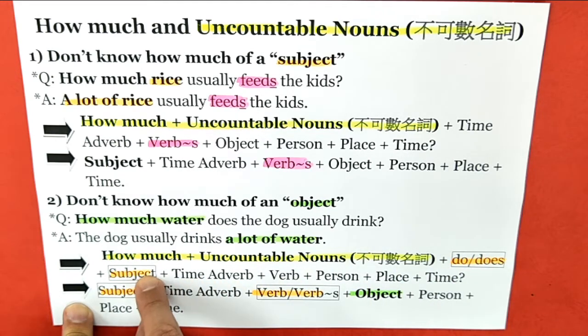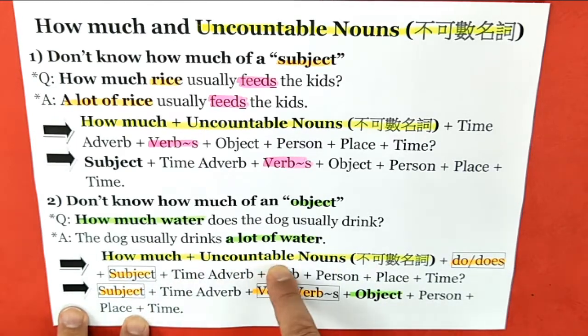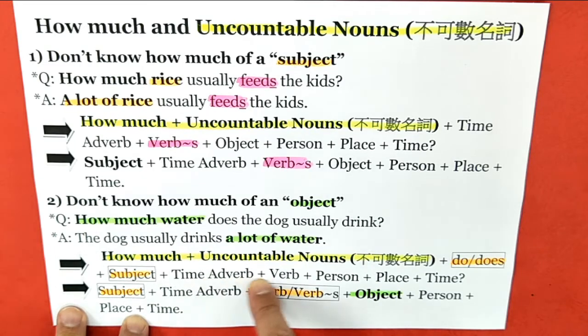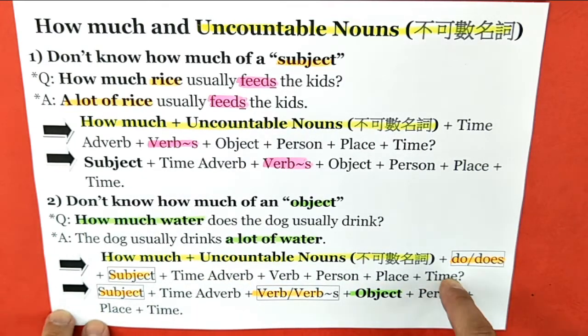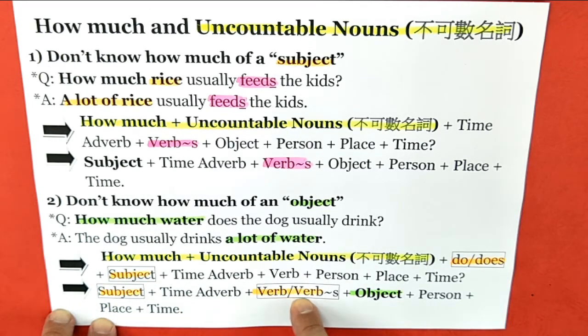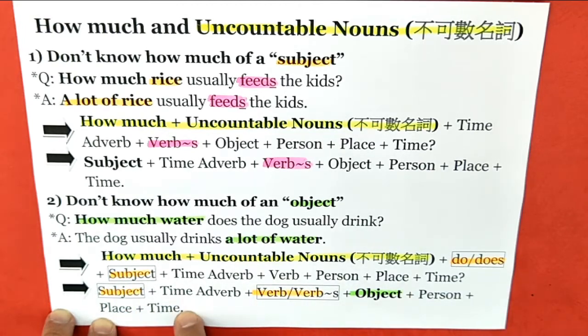I, you, we, they: do. Answer: subject plus time adverb plus verb or verb plus S plus object plus person plus place plus time.